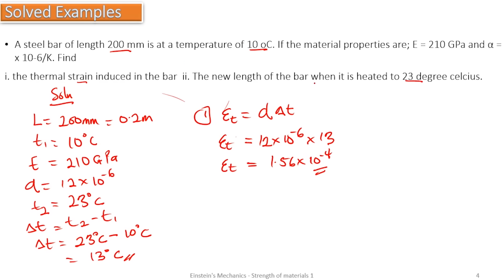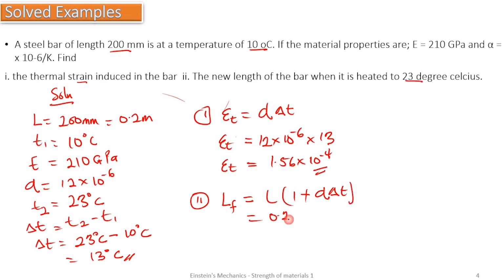The new length of the bar when it is heated to 23 degrees Celsius. So we are going to find the new length. After the bar was heated, there was an elongation. So we need to find the new length or the final length. And we know that the final length LF, or the new length, is going to give us the length times bracket 1 plus alpha change in temperature. So what is the length? You can use it in millimeters or in meters.